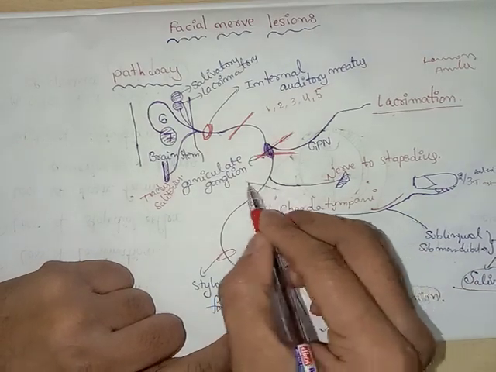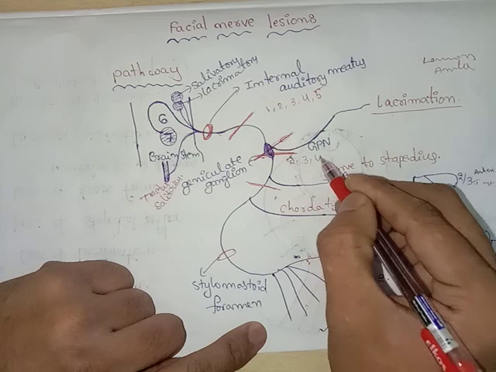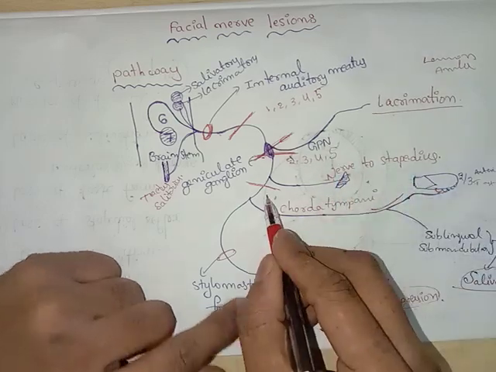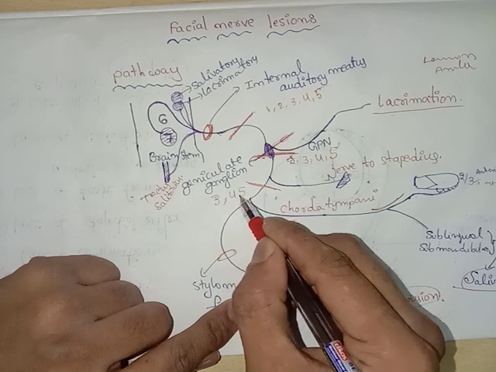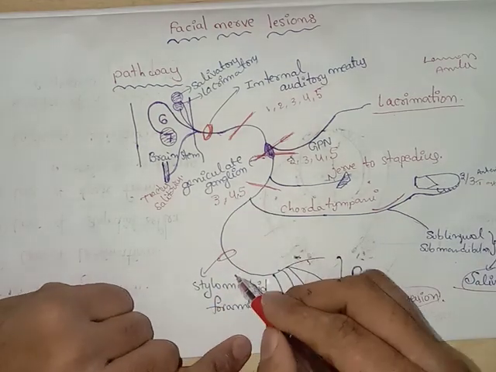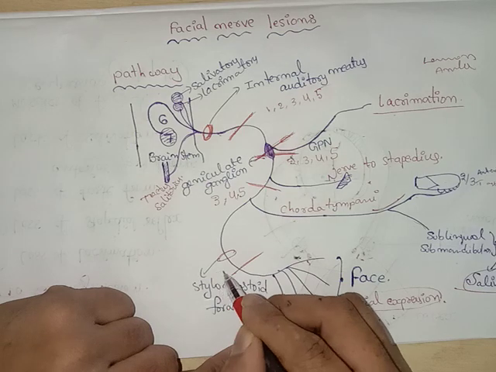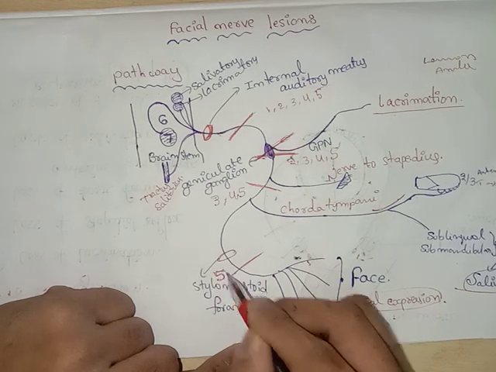If the lesion is here, you have 3, 4, 5. If there is a lesion here, you have symptoms of the fifth one only.